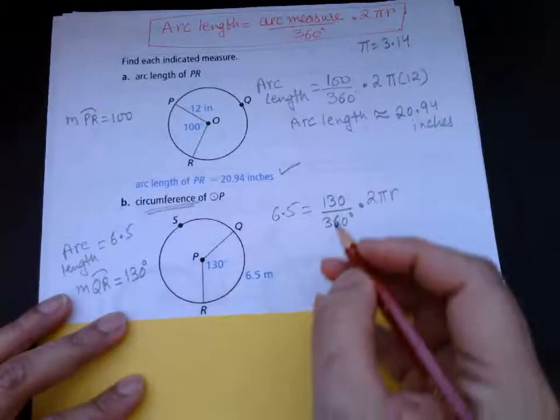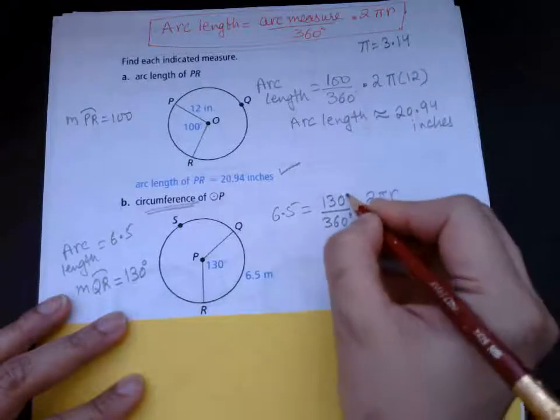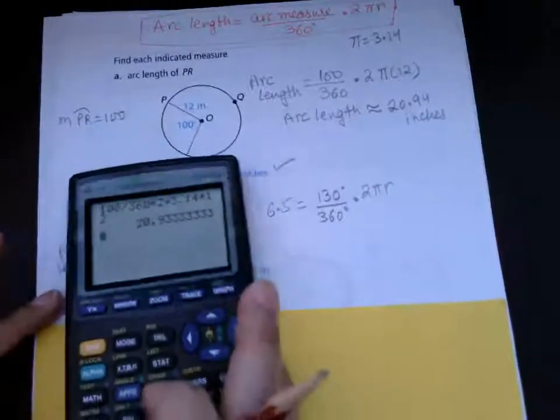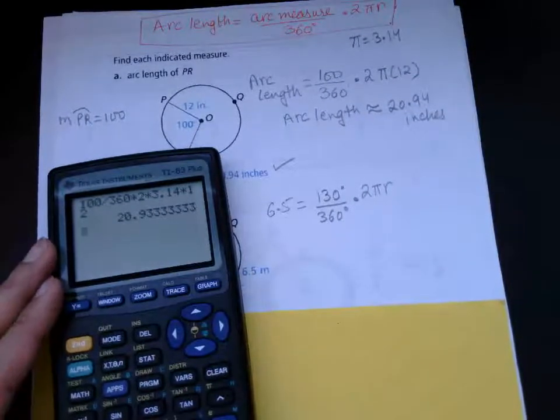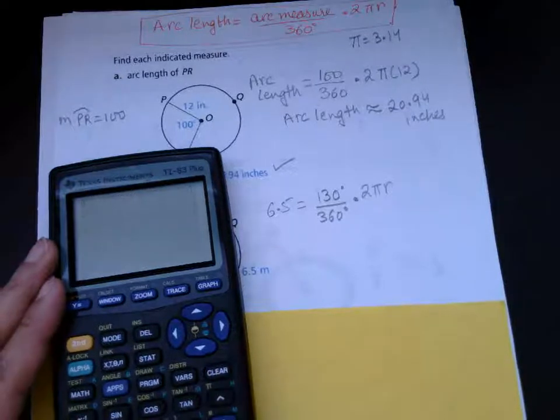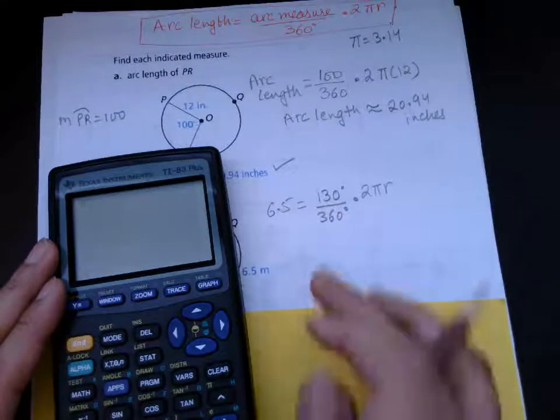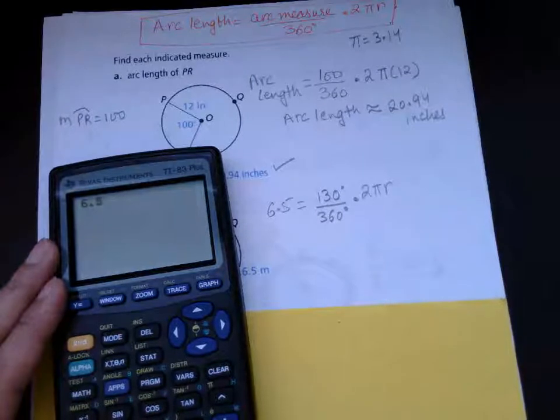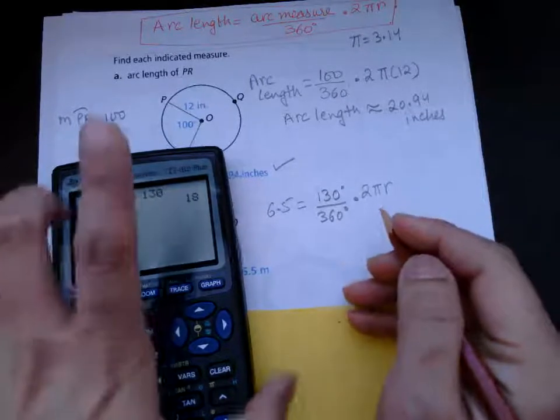If I plug everything back in the calculator, what should I get? So I can simplify this way. 6.5 times 360 divided by 130 is nothing but 18.